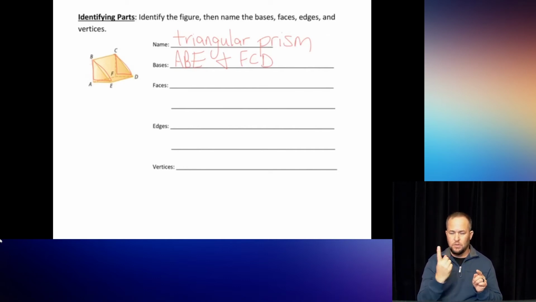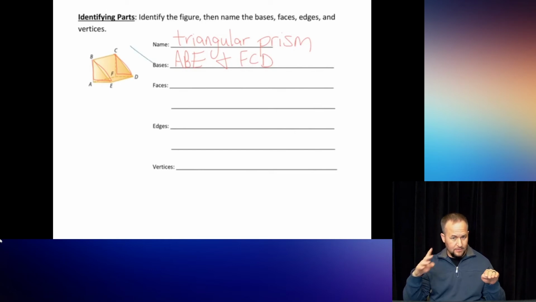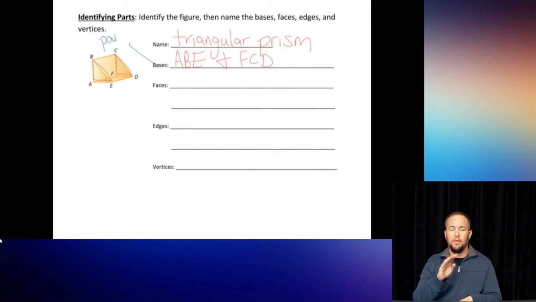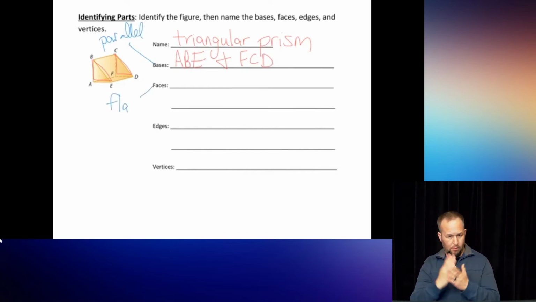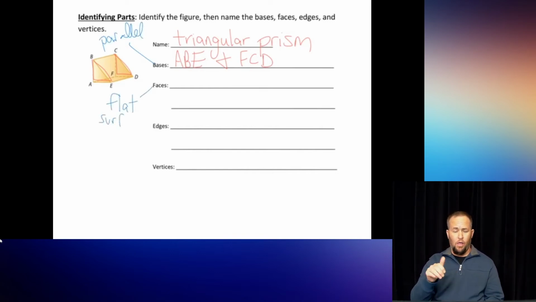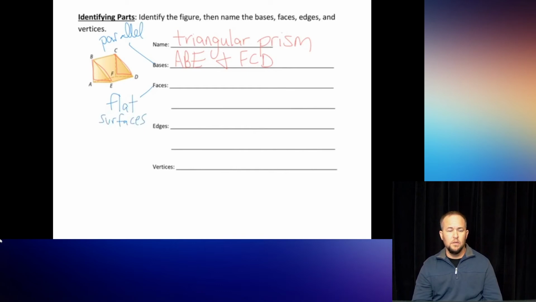So for example, when we're doing our faces, remember faces mean flat surfaces. If you need to give yourself a reminder, the bases, you're looking for the parallel parts. And the faces, you're looking for the other flat surfaces. If we trace a face, like this one that's resting on the bottom, this rectangle, I connected the A to the F to the D to the E is how I just connected that rectangle.